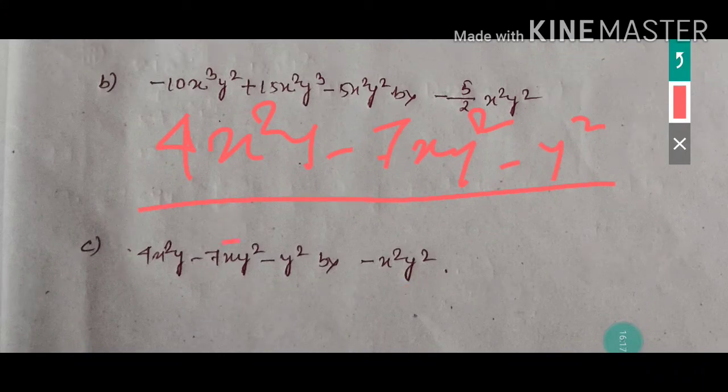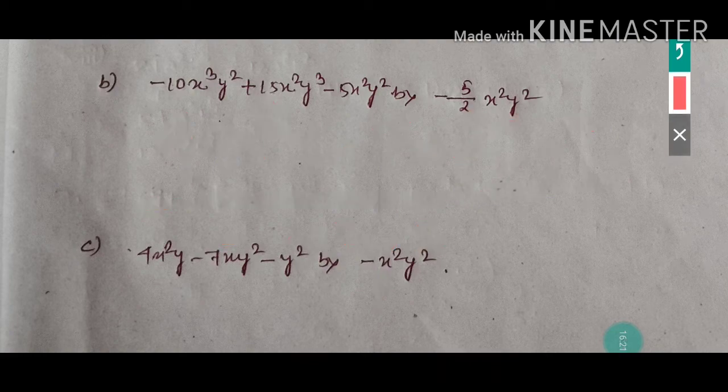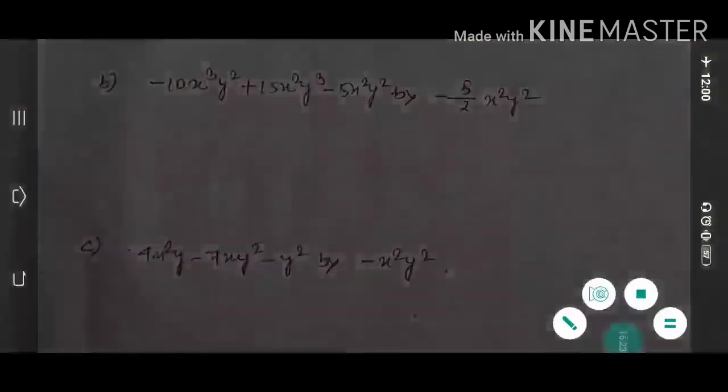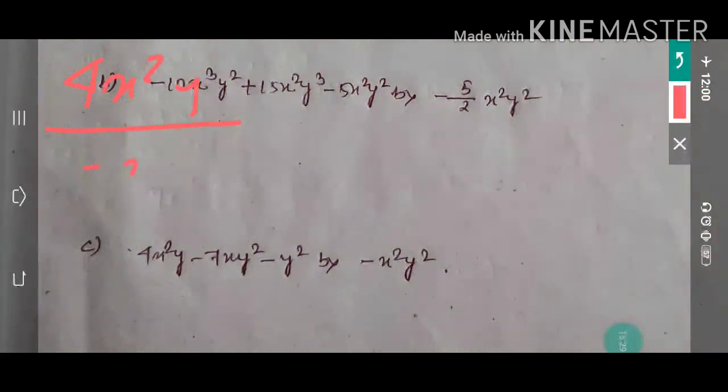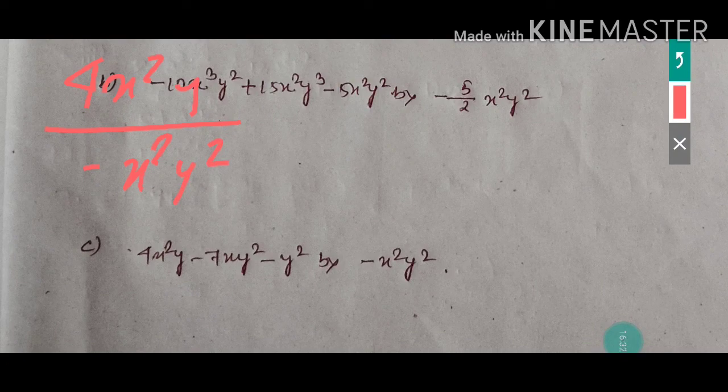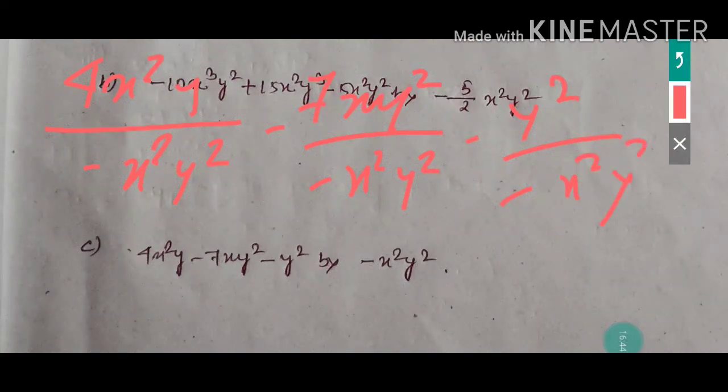So minus x square y square. Okay, now check the numerator, I will split each term with the denominator. So 4x square y divided by minus x square y square, minus 7xy square divided by minus x square y square, minus y square divided by minus x square y square.